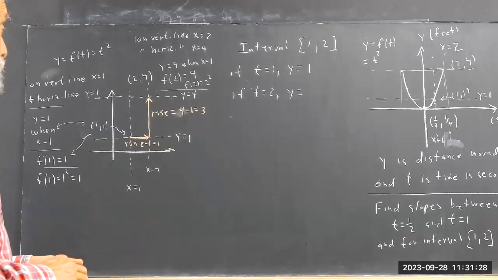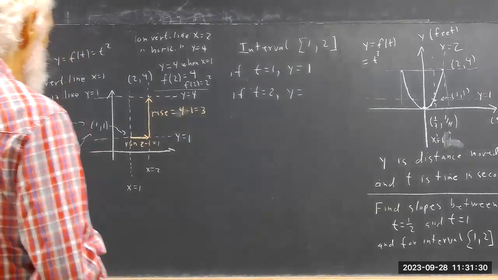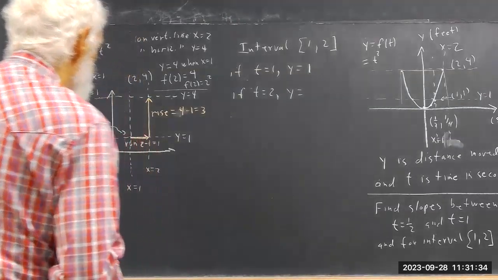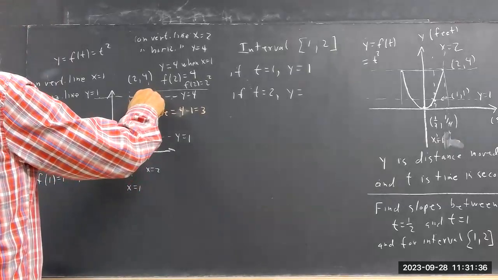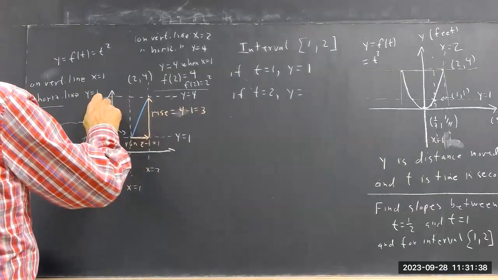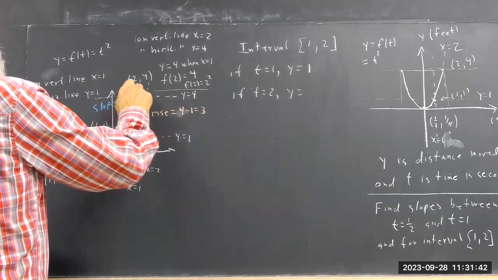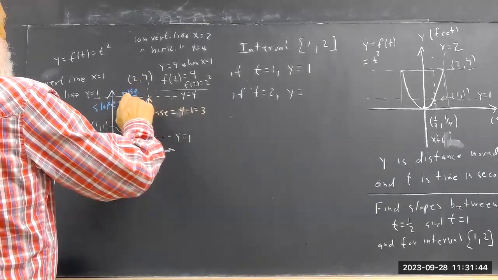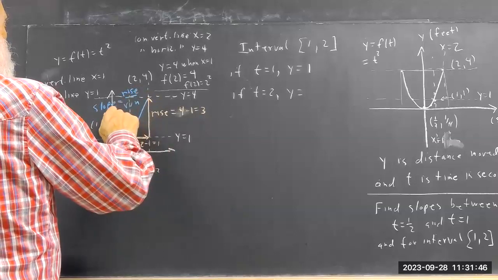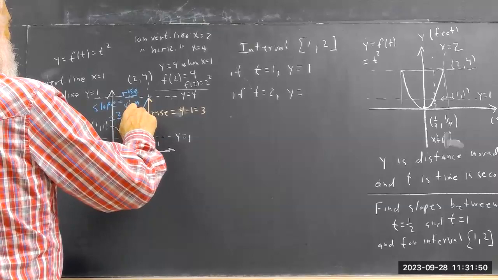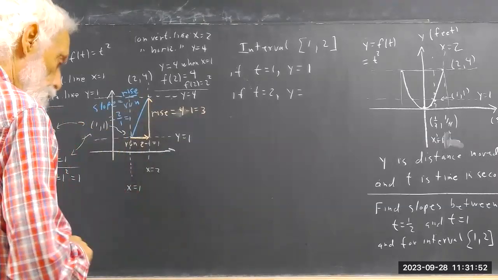Now the formula, well, first of all, let's calculate now the slope. And it's 3 over 1, not 2 over 1.